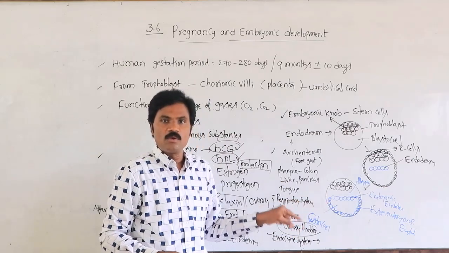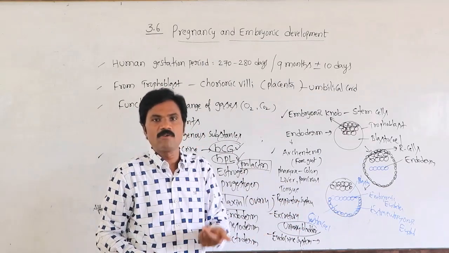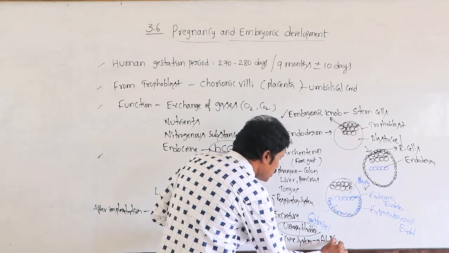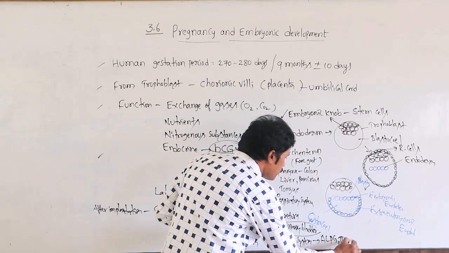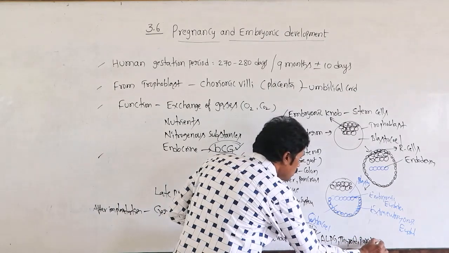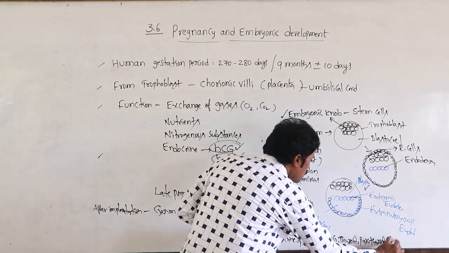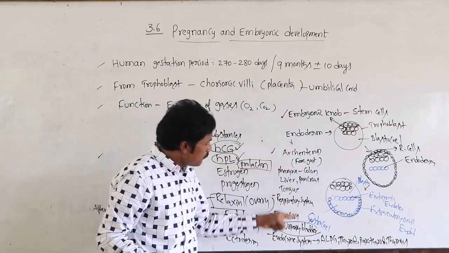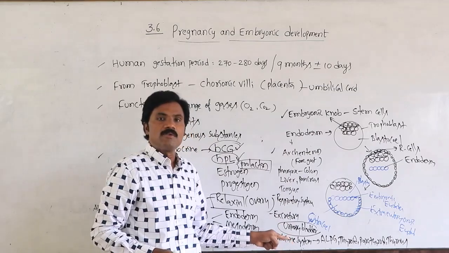What endocrine glands does it develop? The anterior lobe of the pituitary gland, then the thyroid gland, then the parathyroid gland, then the thymus gland.